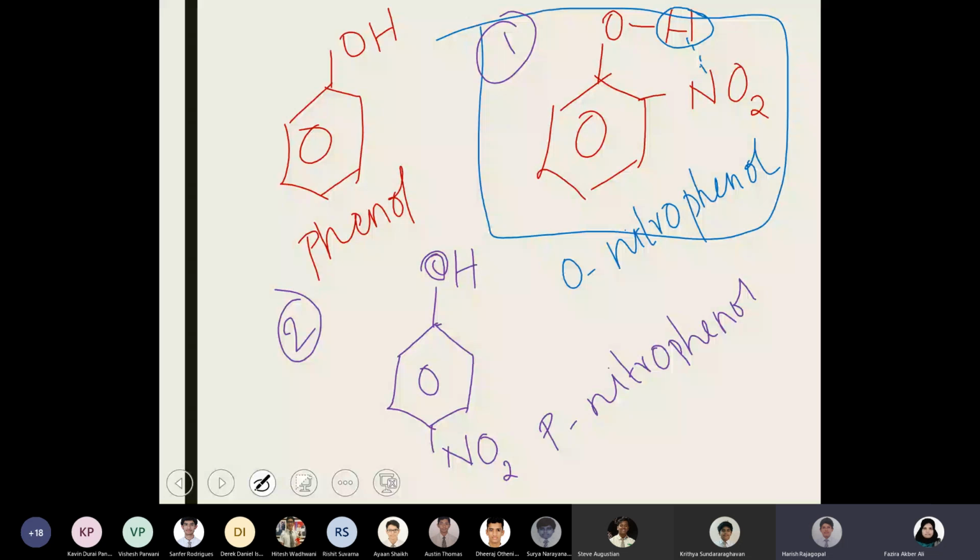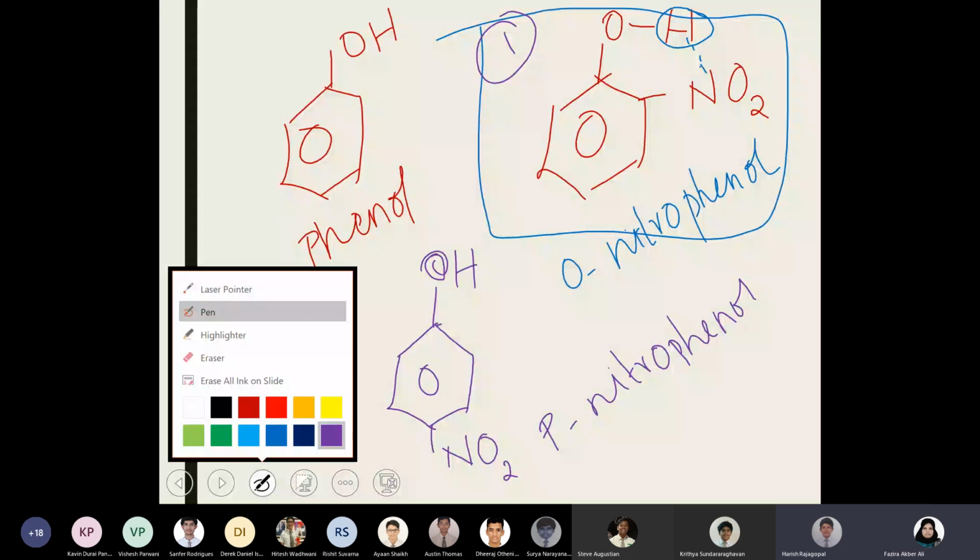Because within the molecule, the hydrogen and the nitrogen are far away. But when there are two molecules, hydrogen will have the positive point and the nitrogen will have the negative point. So hydrogen bonding will happen between two molecules, but not within the molecule because they're too far apart.